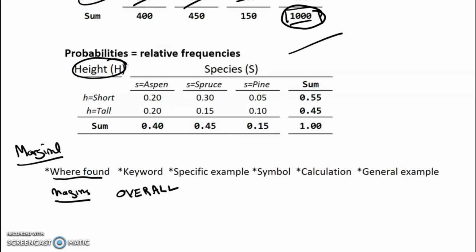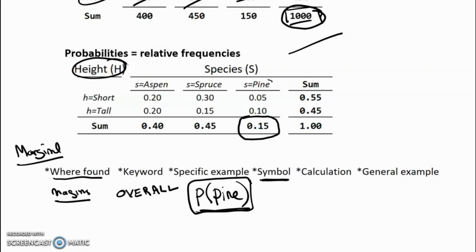Let's think about a specific example: the probability of a randomly selected tree being pine. You could represent it that way. In terms of the symbol, there is none. We just represent it like this. In terms of the calculation, how do we obtain the probability that a randomly selected tree would be pine? How do we get this value of 0.15?